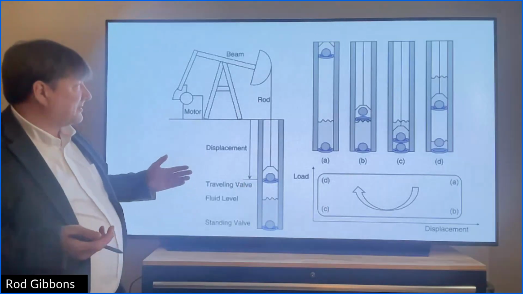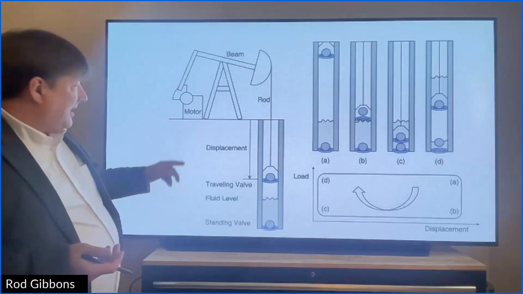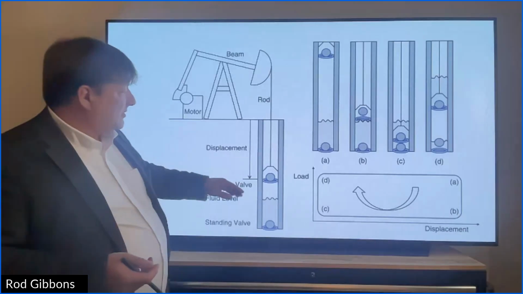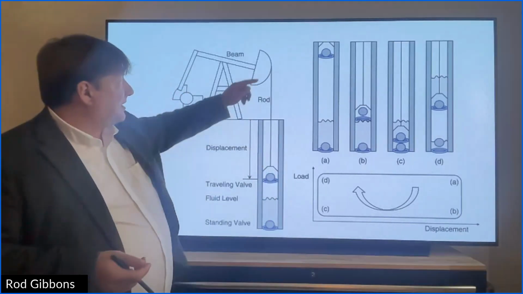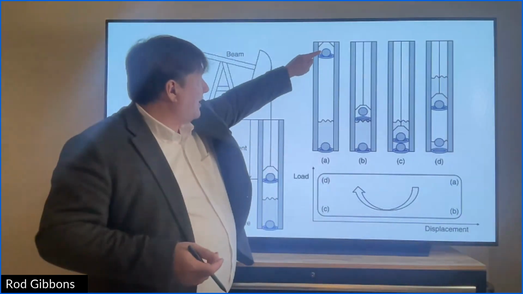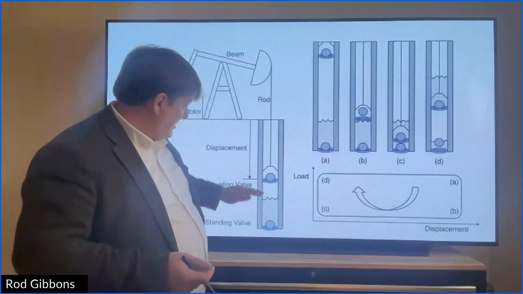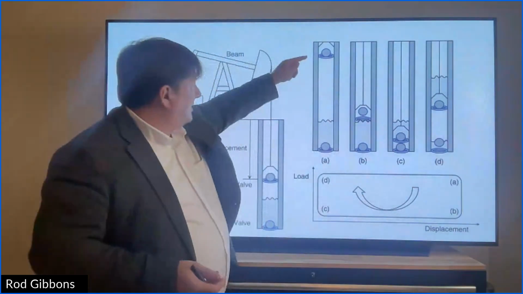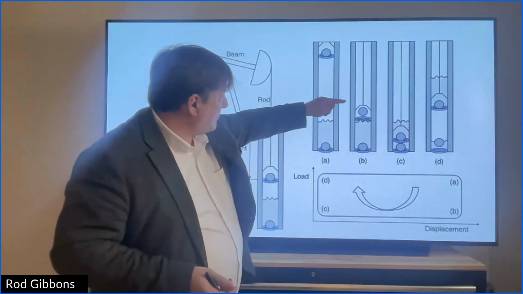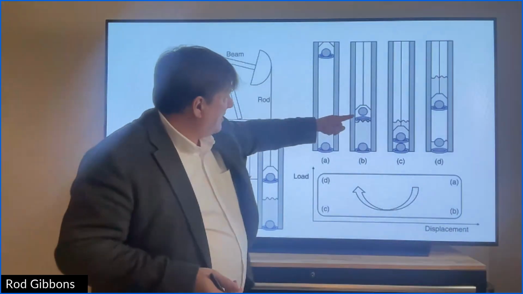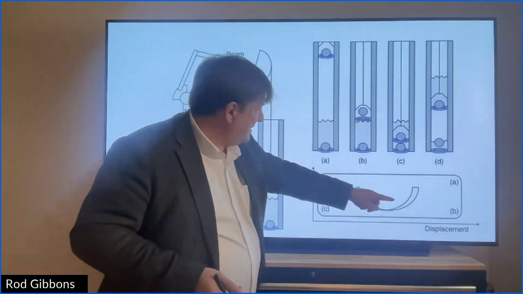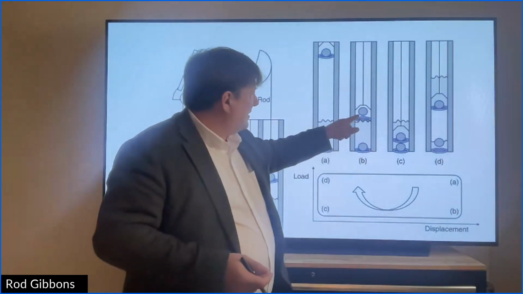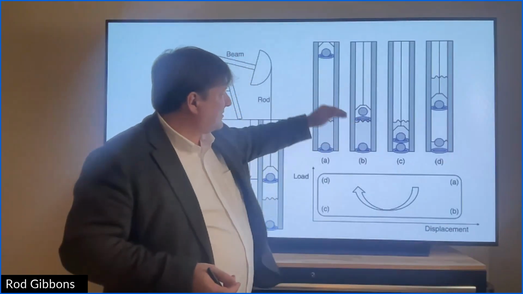So what does that do for us? Well, here is another representation. You start off with the traveling valve high at the top of the stroke, over here, point A. Then this moves down to point B, and then you're in fluid. You can see here the traveling valve is off its seat.